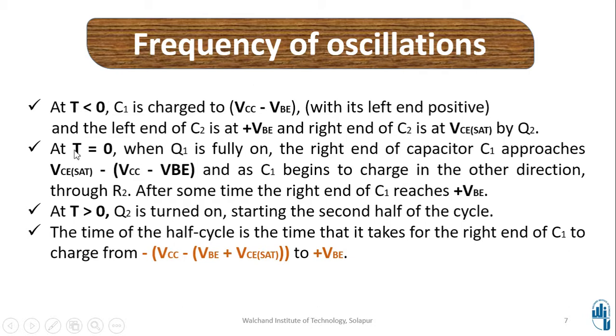When power supply is applied, that is at t equals 0, Q1 is fully turned on. The right end of capacitor C1 approaches minus VCC minus VBE. When t is greater than 0, Q2 is turned on, starting the second half of the cycle. So that now capacitor C1 charges from minus VCC minus VBE plus V saturation to VBE.